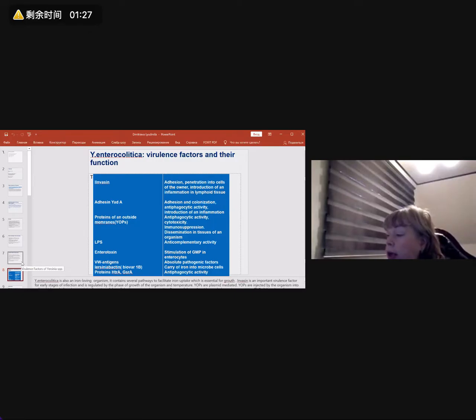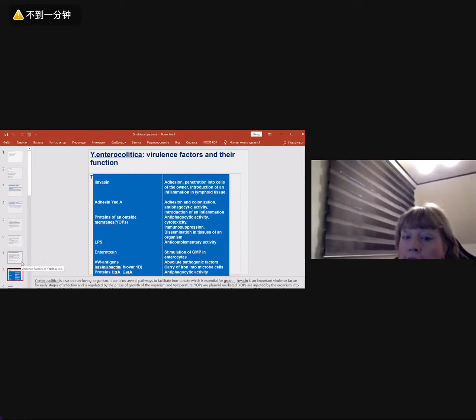The next virulence factor of Yersinia species is yersiniabactin. But doctors, only biovar 1b contains this yersiniabactin, and its function is carrying iron into microbe cells. Yersinia enterocolitica is also an iron-loving organism.